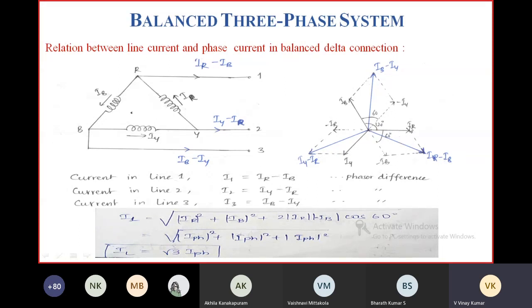Phase current leads line current by an angle 30 degrees. Whereas in a star connected system, line voltage leads phase voltage by an angle 30 degrees, in a delta connected system, phase current leads line current by an angle 30 degrees.